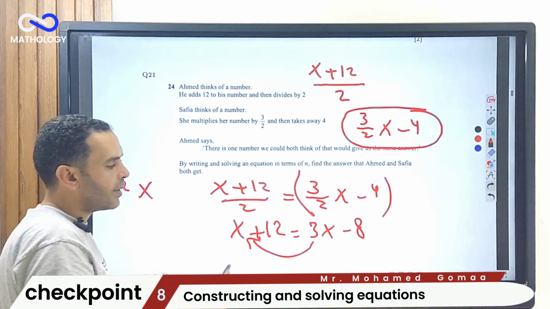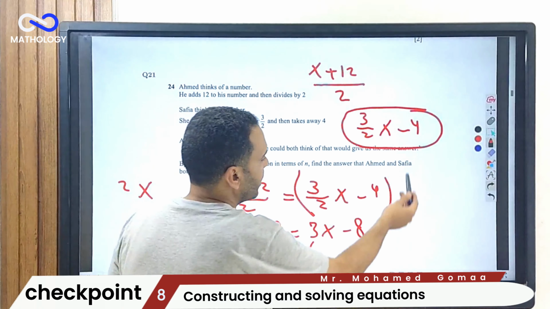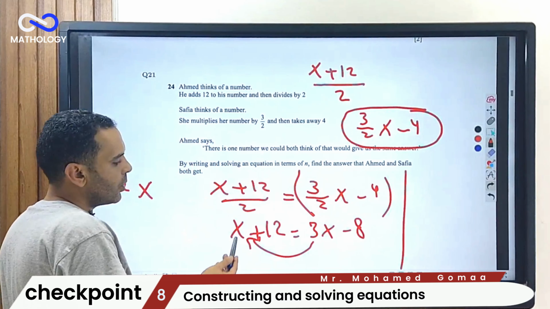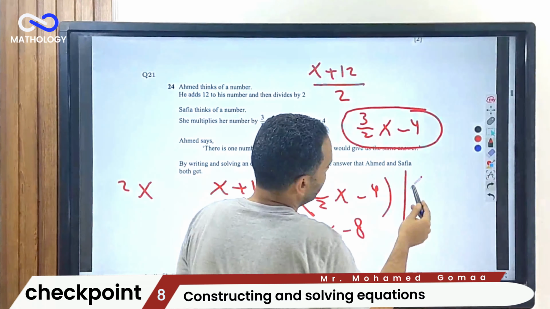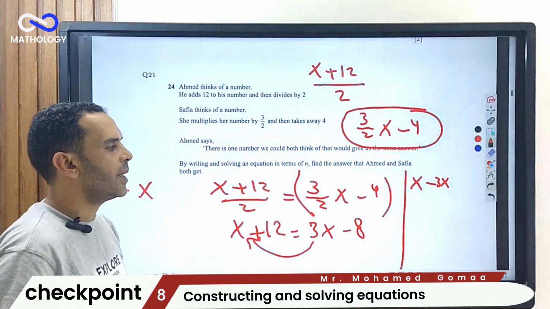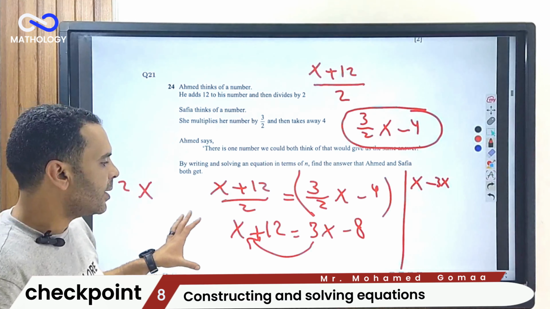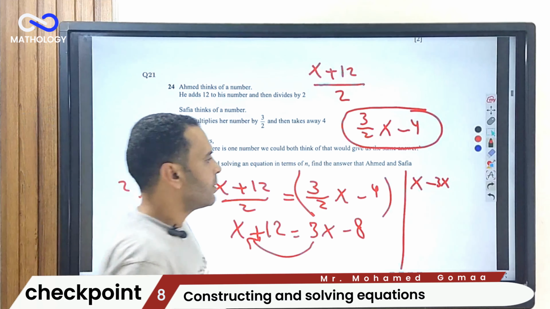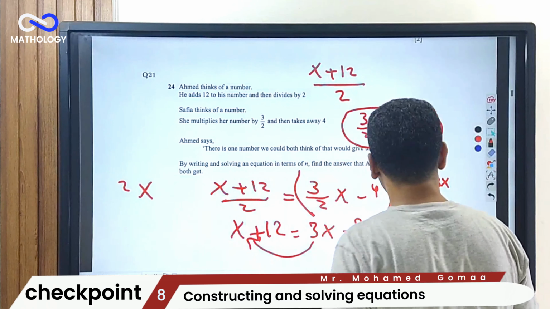Collect the x's on one side and the numbers on the other side. It will be x here, and we bring 3x with the opposite sign, negative 3x. We bring it from the right side to the left side, and transpose 12 to the other side.